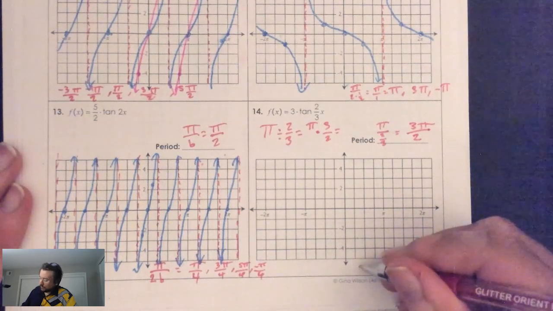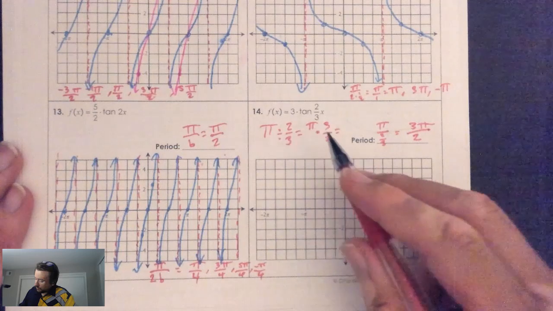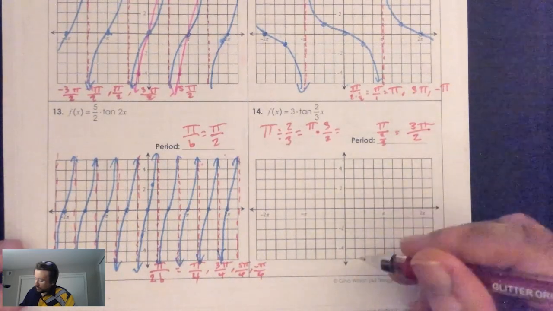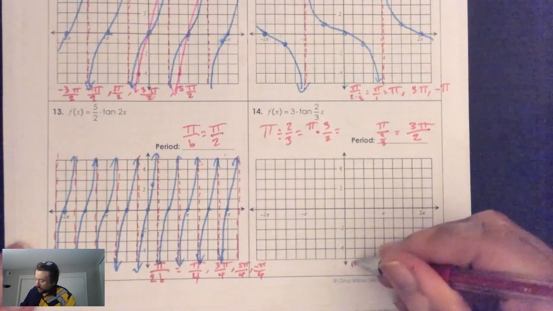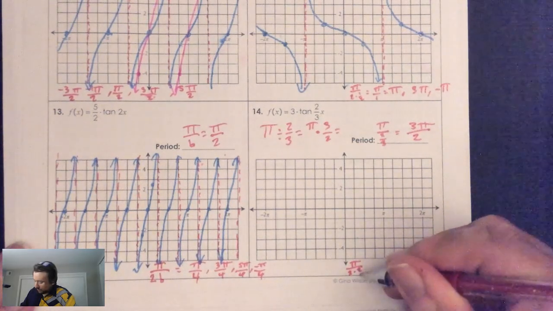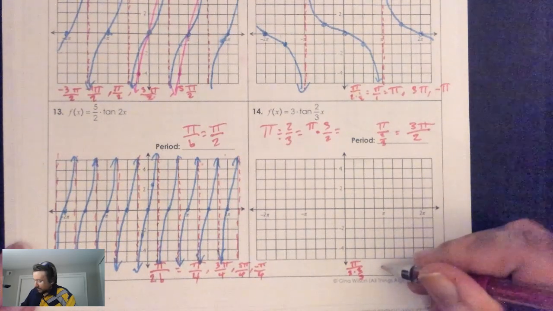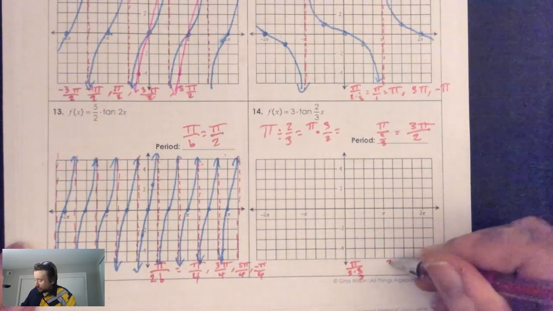And then here, remember where we had for our asymptotes is going to be pi over 2 times b, so 2 over 3 down there, which is going to end up being odd multiples of 3 pi over 4.